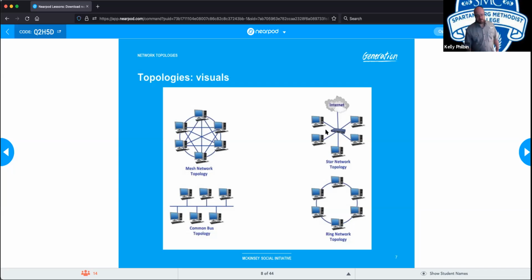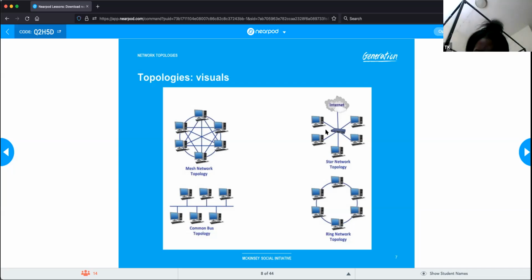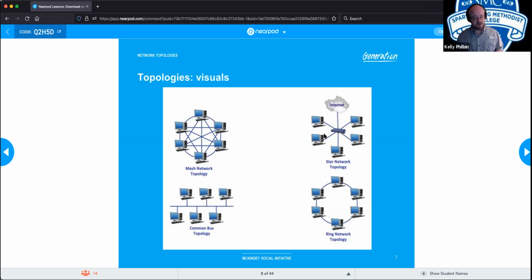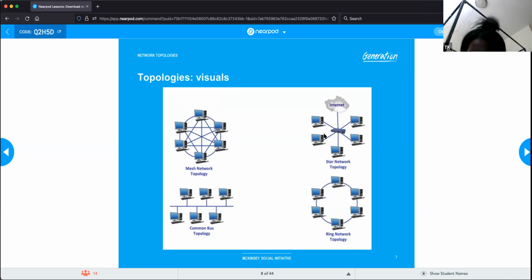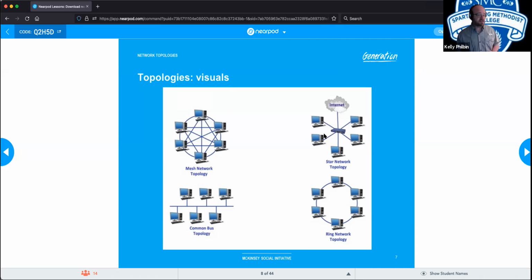Does anybody remember the formula for calculating how many connections are required on a mesh network? Was it n times n minus 1 divided by 2? That's what you're talking about? That is exactly the one I am talking about. Very good. You do want to take note of that formula. I do recall I got at least one question on it.